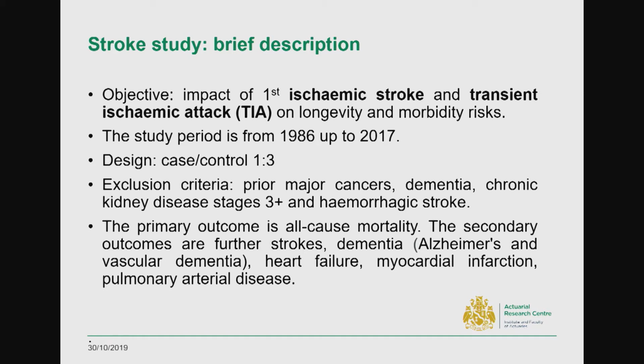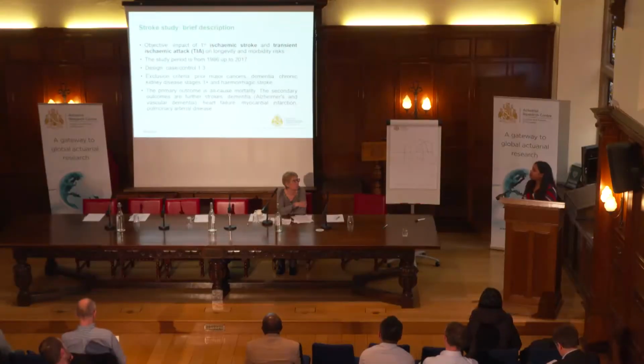I'm using a case-control design, that is one case matched to at least 3 controls, matched by age, sex, and GP practice. We are excluding patients who have had major prior cancers, dementia, chronic kidney disease, very severe ones like stages 3 and above, and hemorrhagic stroke, because these are life-limiting conditions.